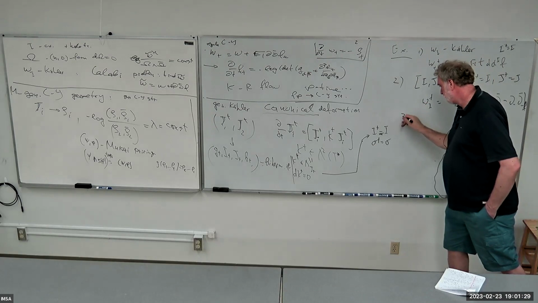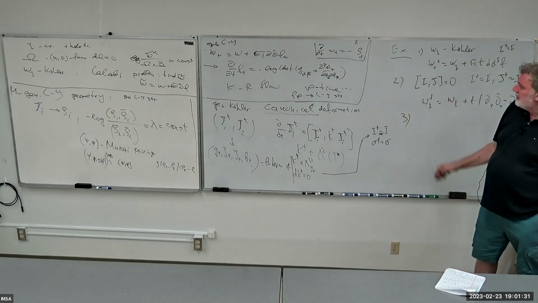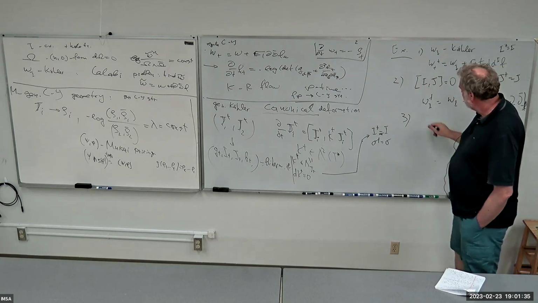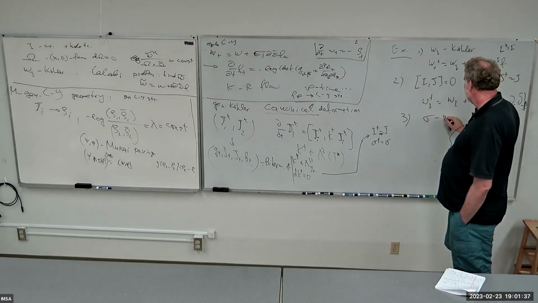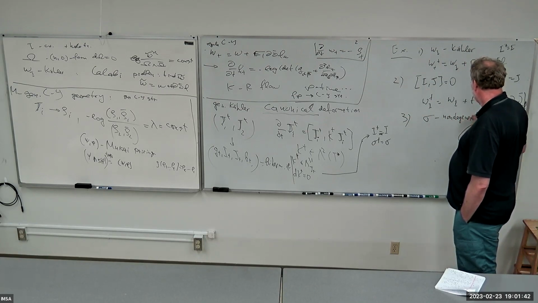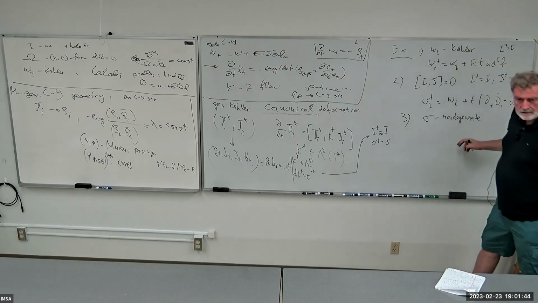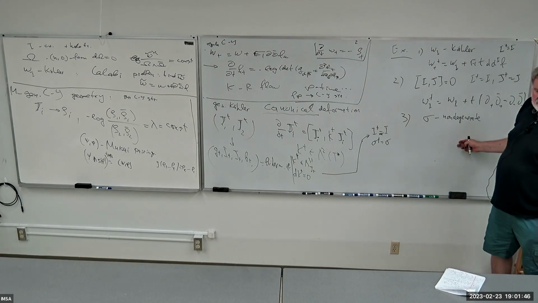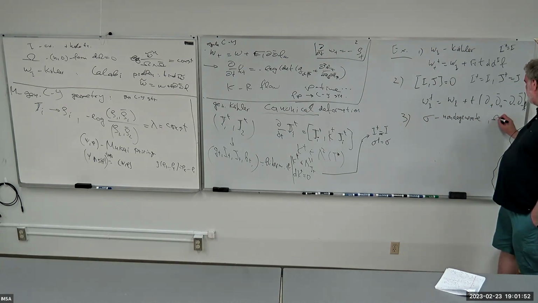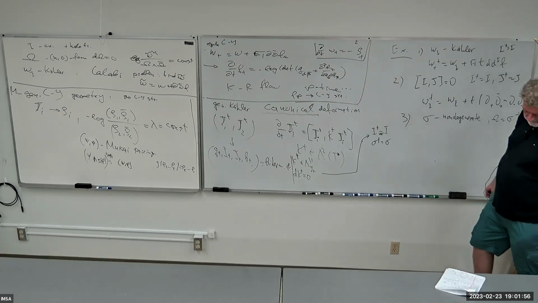And the third, I mean, these are kind of extreme cases. The third is when sigma is non-degenerate. In a certain sense, this is the generic case actually, but then you have a holomorphic symplectic form.